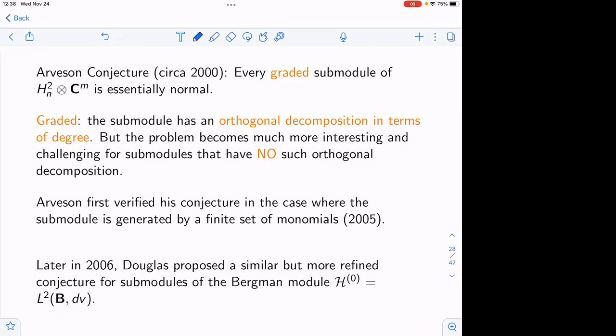For graded modules, most of the work in proving essential normality is algebraic. But the problem becomes more analytical if there's no orthogonal decomposition in terms of polynomials within the module itself.